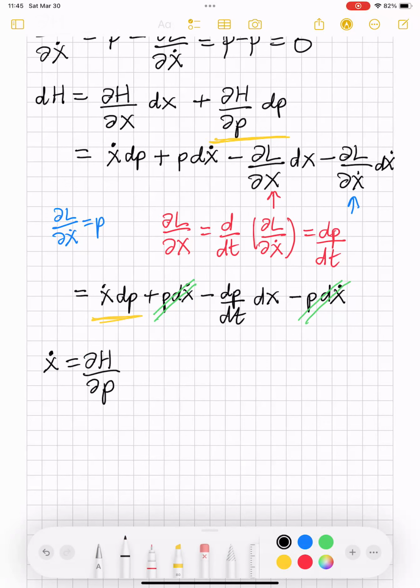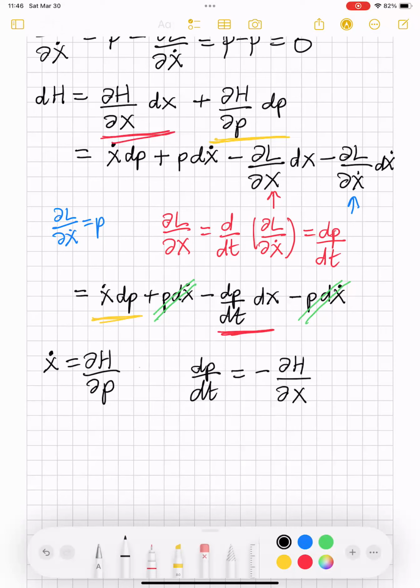And then if I compare the term proportional to dx over here to the term proportional to dx over here, I learn that dp/dt is equal to minus ∂H/∂x. Okay, these are also important equations.